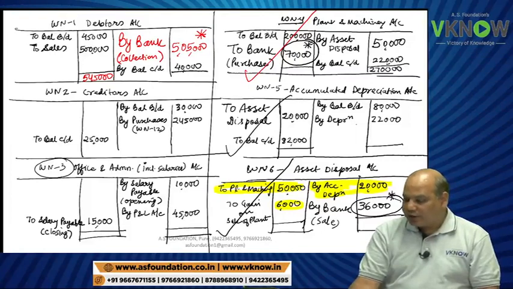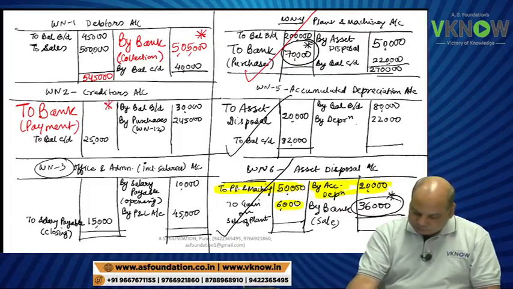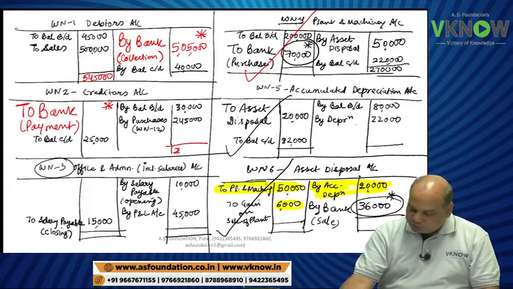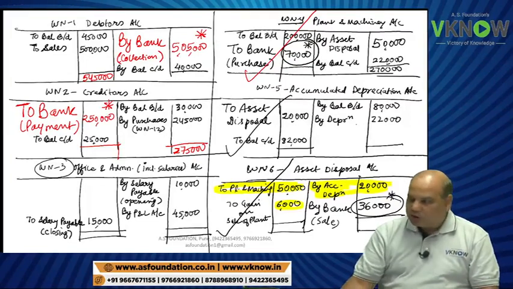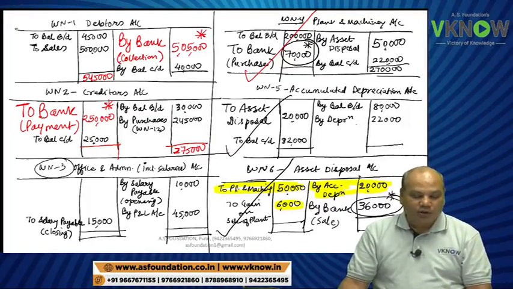Yes. Creditor account debit side is missing. Payment is missing, to bank. Anybody, payment, balancing figure. Take credit side total 2,75,000 minus 25,000. So the payment made is 2,50,000.